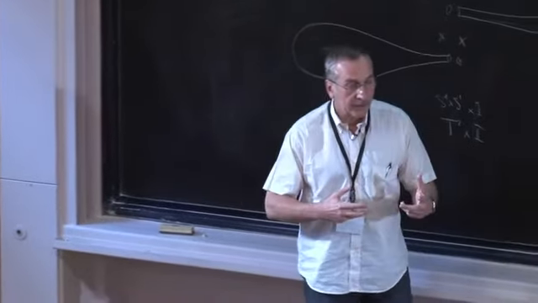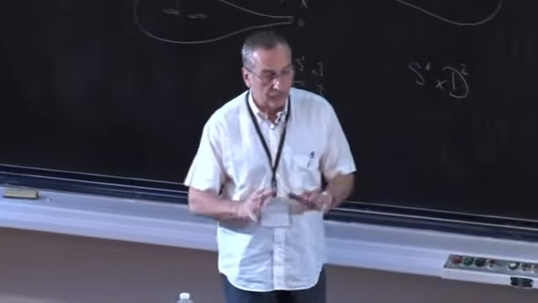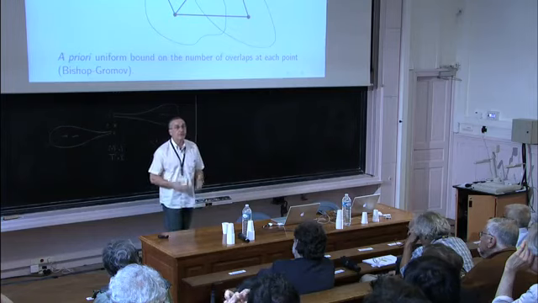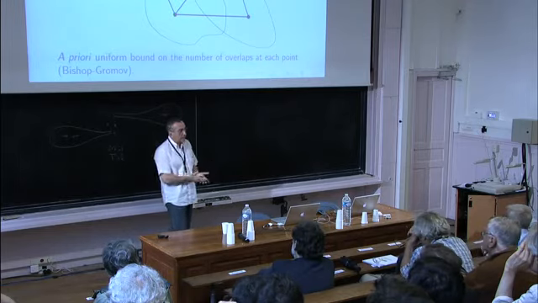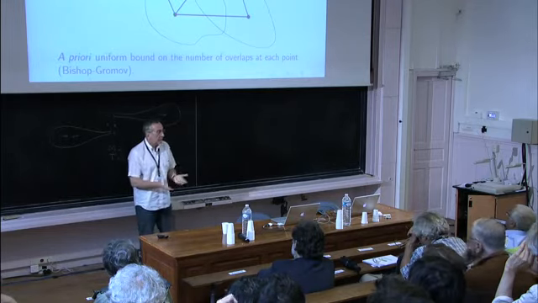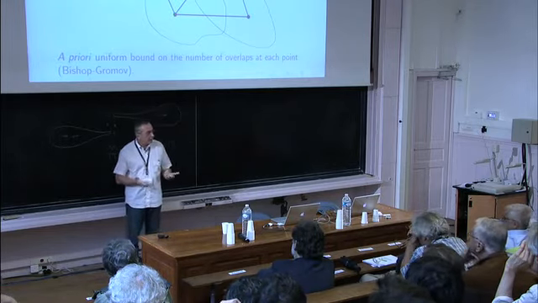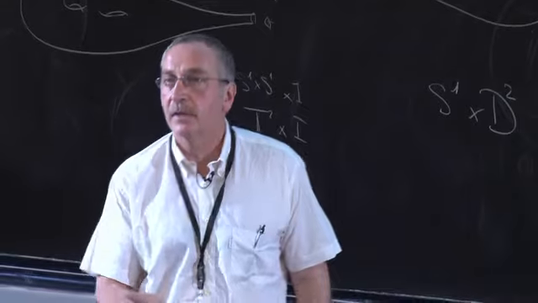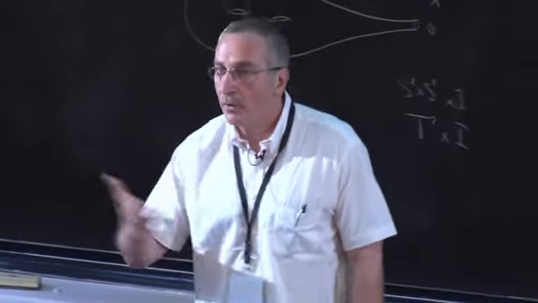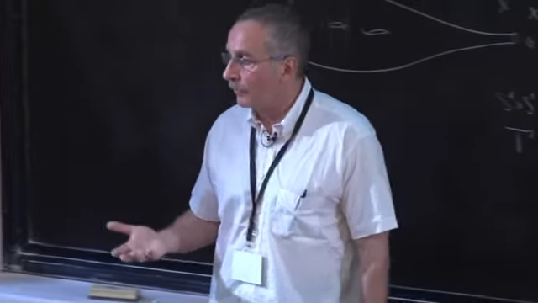Of course, the radii are not the same. If you are familiar with the use of this comparison theorem, the radii are not the same. But here we can show, and it was also in the paper by Gromov, that if two such balls intersect, then the radii are not really different. The ratio is bounded above by 4 and bounded below by 1/4.